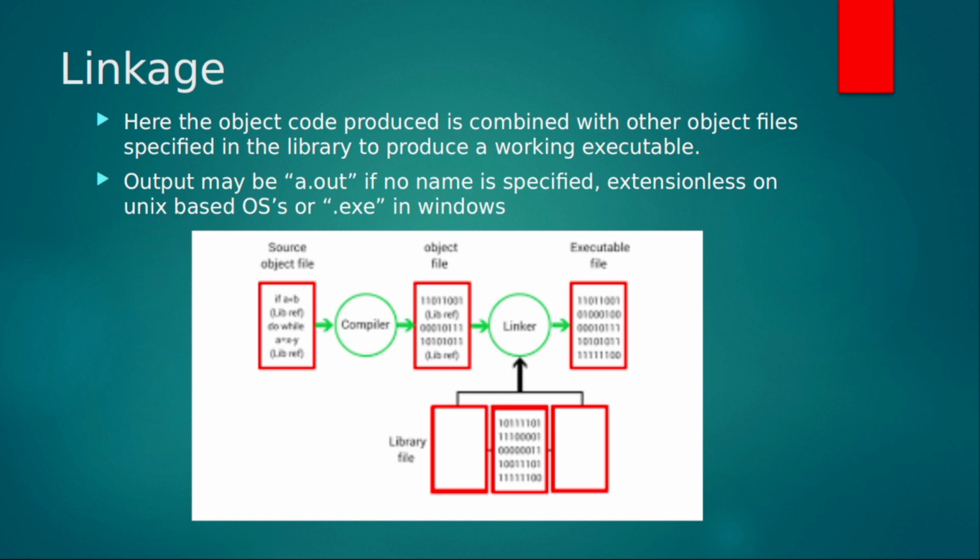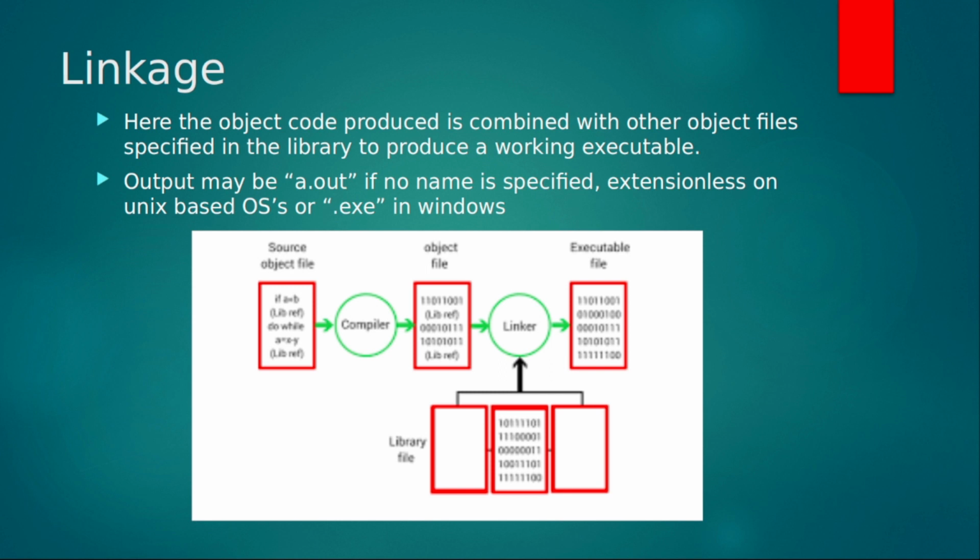On Unix PCs, you can have an output that is without extensions. Unix-based operating systems are Linux, FreeBSD, Mac OS, and the likes. But on Windows operating system, it will have a .exe extension.